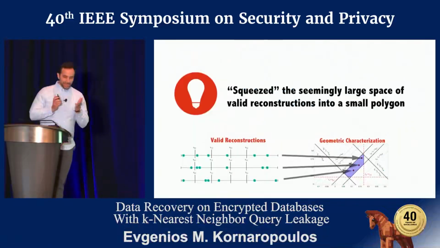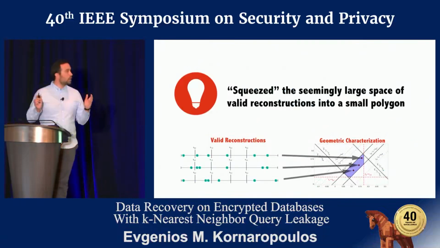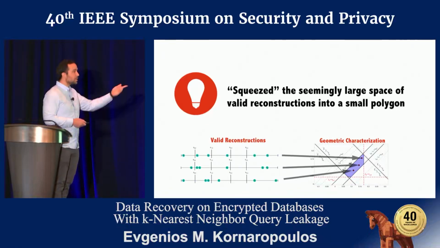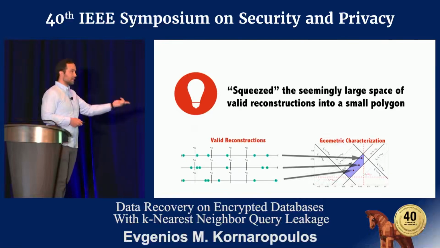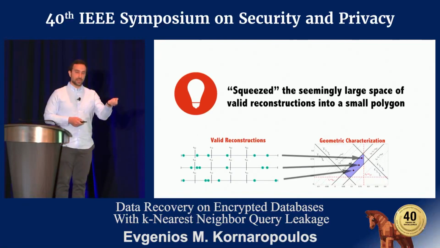So the main idea is that we managed to squeeze a seemingly large space of valid reconstructions into a small polygon by taking advantage of the geometric properties of the problem. So what you saw before in the impossibility result, the value assignments now map to dots inside this polygon that we constructed through the unknowns that we defined and the constraints that we defined.